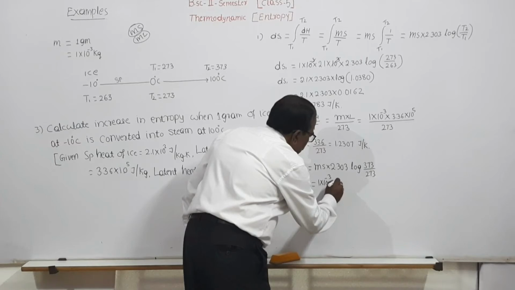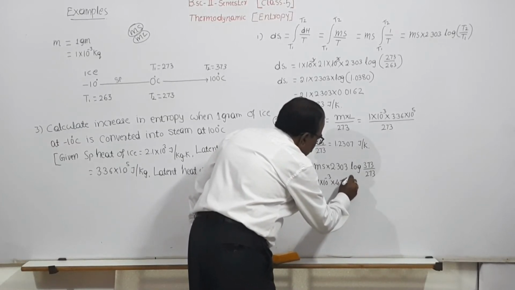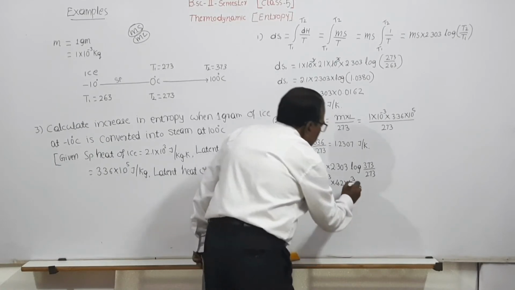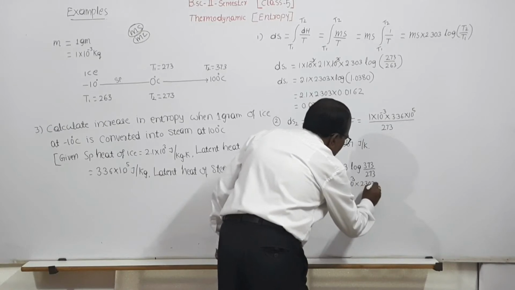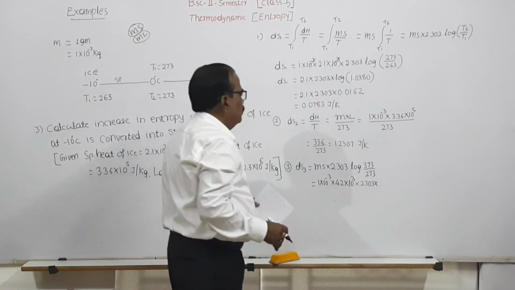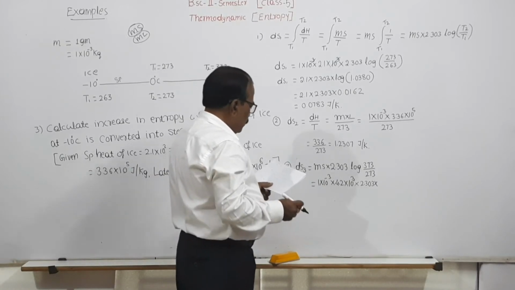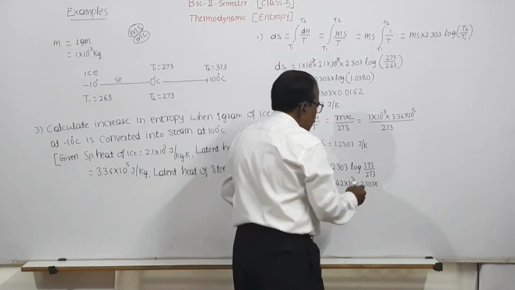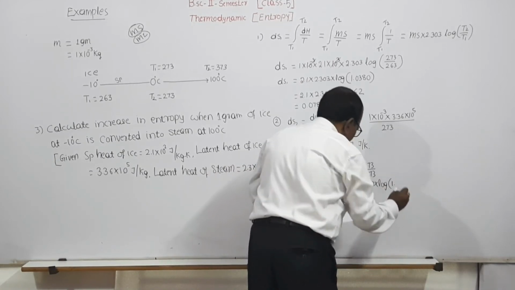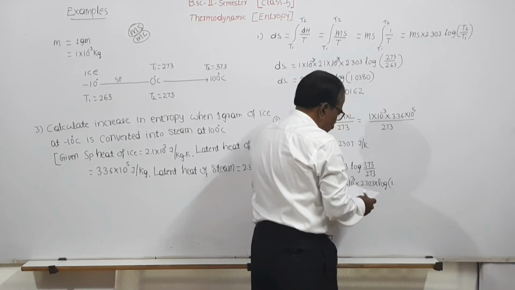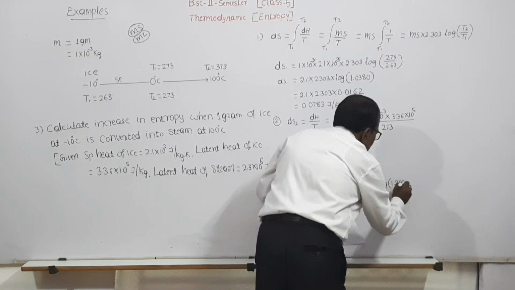S, I told you, is 4.2 into 10 raised to 3, into 2.303 into log of 373 upon 273, which is log of 1.366.